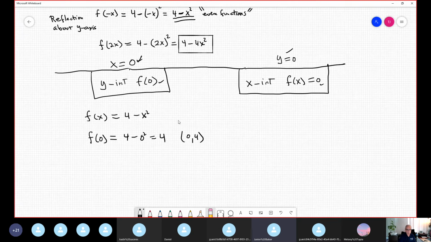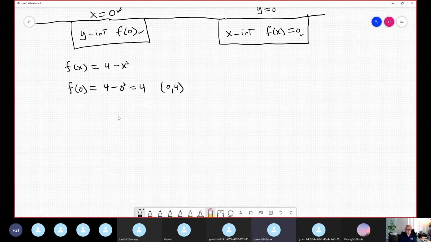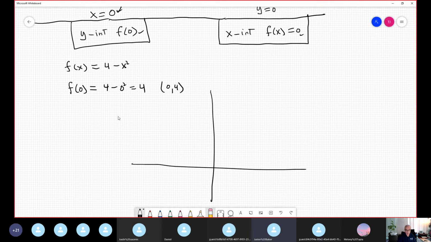I did it before, but I want to do it again. Look, this is my graph. 1, 2, 3, and 4. That point is the point (0, 4).